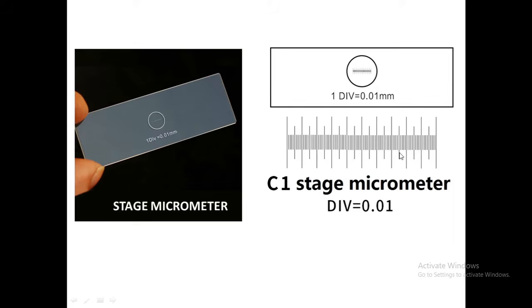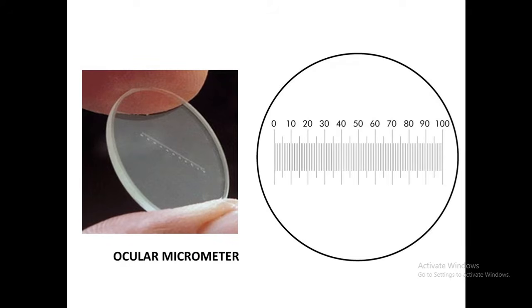The other micrometer is known as the ocular micrometer. It is a circular glass disc which fits into the circular shelf inside the eyepiece of a microscope. It has arbitrary markings on its surface.